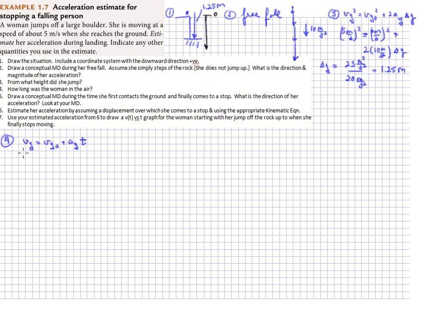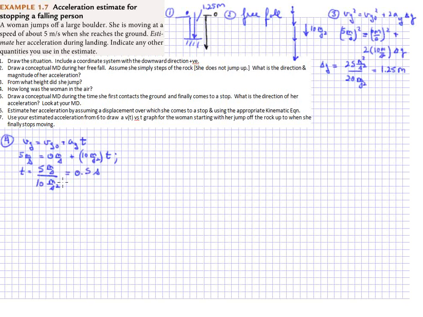Her final velocity is 5 meters per second, her initial velocity is 0 meters per second plus 10 meters per second squared, that's my acceleration, times t. And so solving for that equation, I get t equals 5 meters per second over 10 meters per second squared, which is 0.5 seconds. She's in the air 0.5 seconds before hitting the ground.